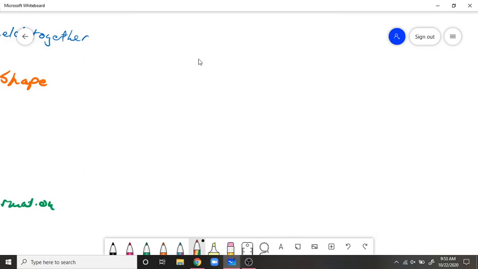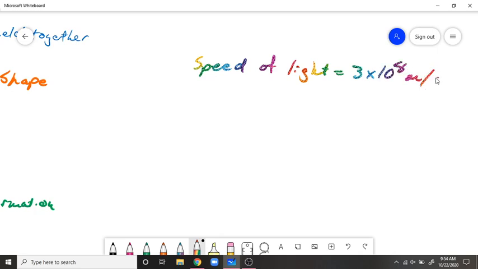The speed of light. Meaning, how fast does light travel? Well, light travels at 3 times 10 to the 8th meters in 1 second. In 1 year, so 1 light year, light is going to travel 9.5 times 10 to the 12th kilometers.